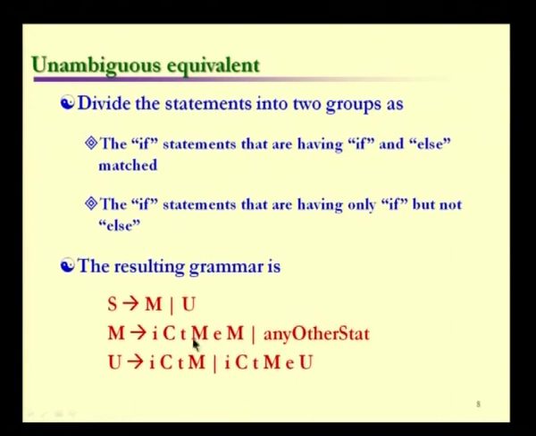It can once again be an if statement, or it can even be any other statement. That is not an issue, but we must ensure that it is a matched statement, whether it is if or any other. Then, when you are writing the unmatched statement, the statement is not going to have an else as such; what happens is: if, condition, then, and this is expected to be a matched statement.